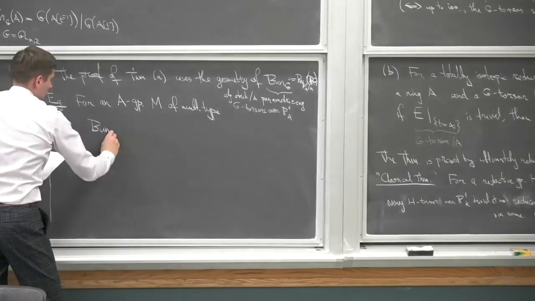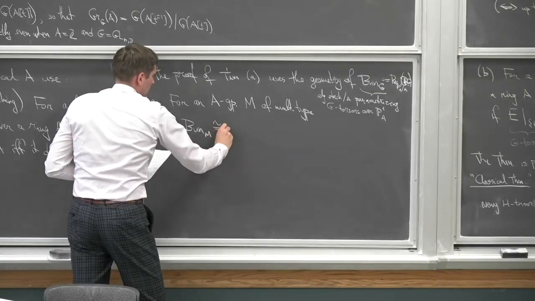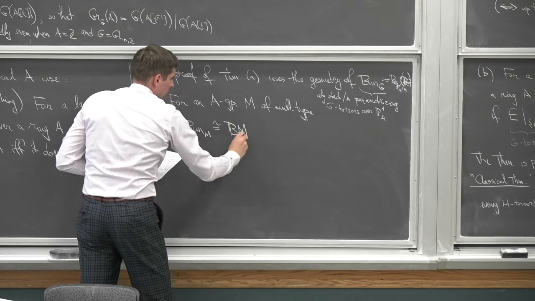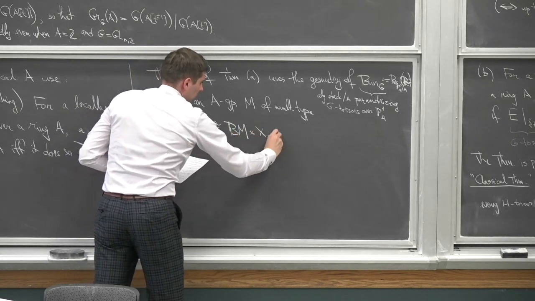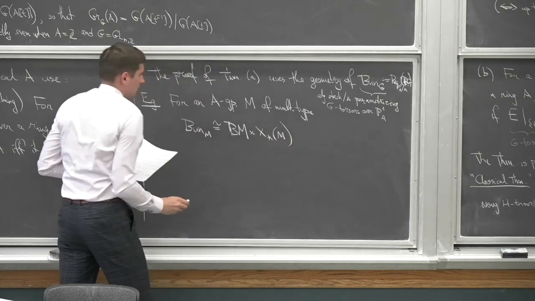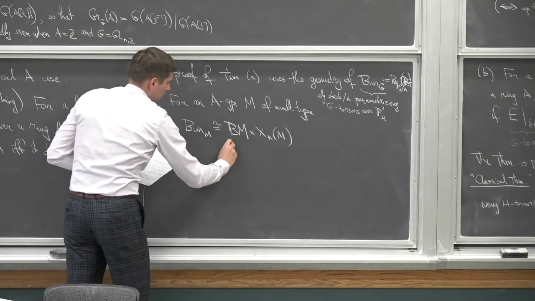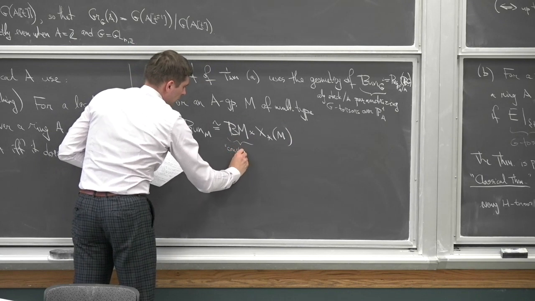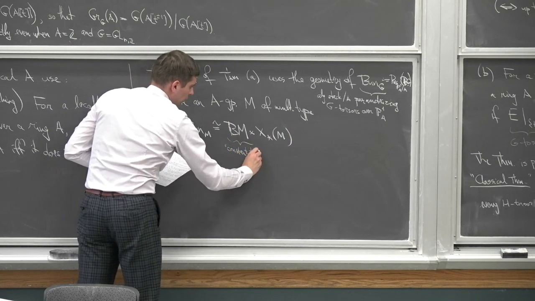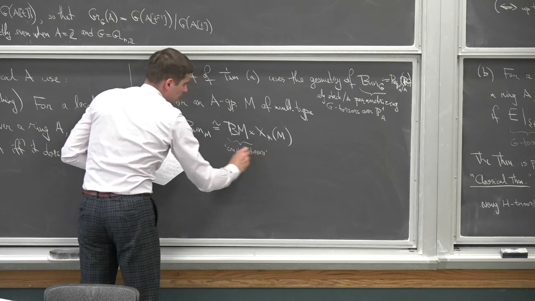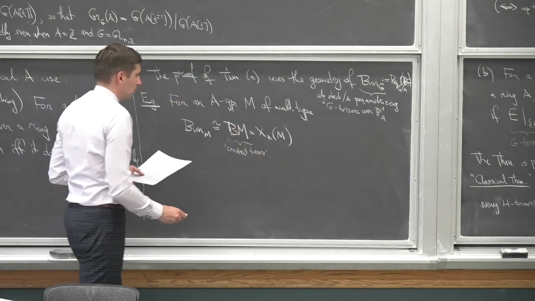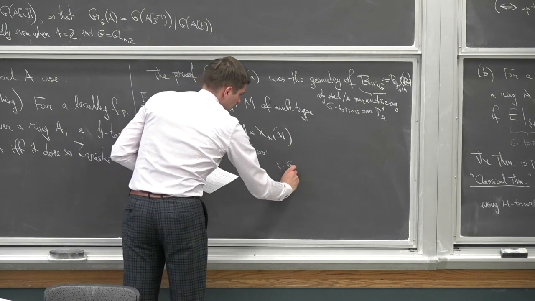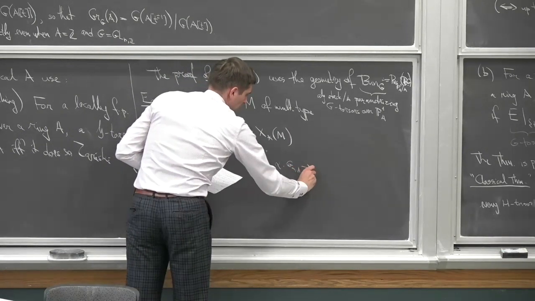In fact, we can understand this Bun_M itself. It's just the constant torsors times the cocharacters of M. So these are the constant torsors, the torsors that descend to the base, and these are the cocharacters, so maps alpha from G_m over A to M.